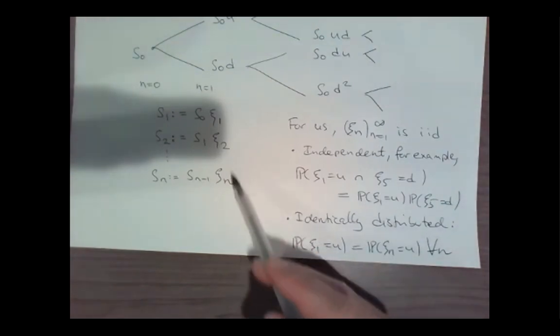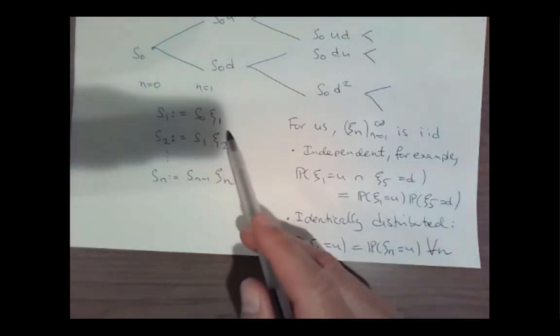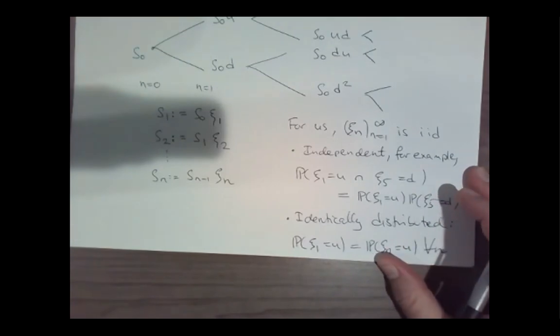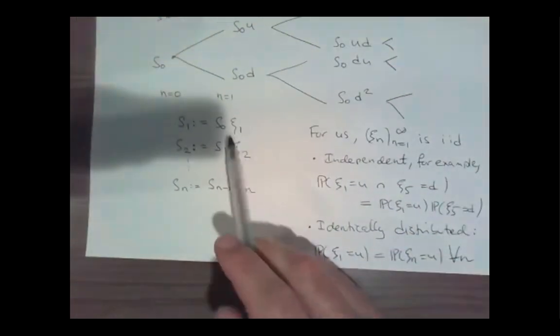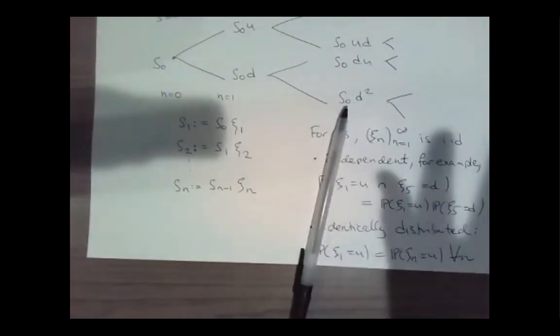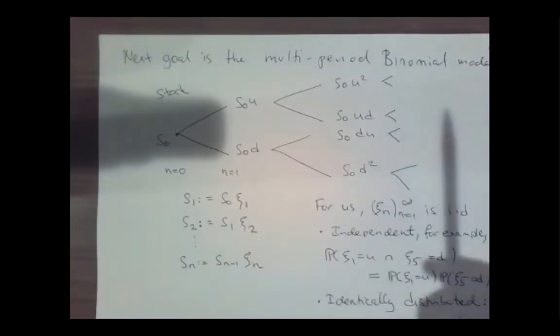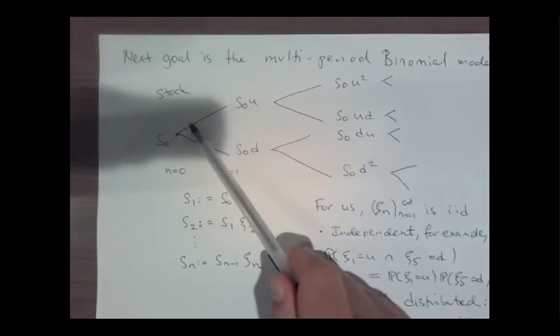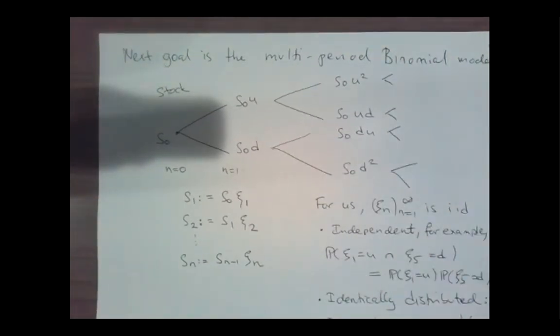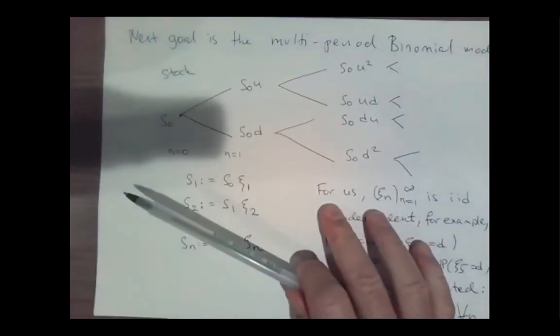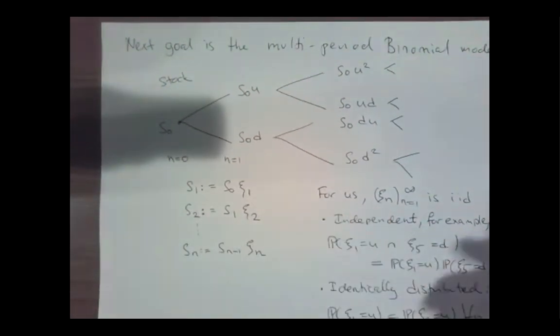But they're not the same random variable. Oh, that's why you have the index. Yeah, it's not like you flip a coin once, and then say the coin flip was a U, it doesn't mean that you're always going to go up. They're different things happening. Different things could happen, right?